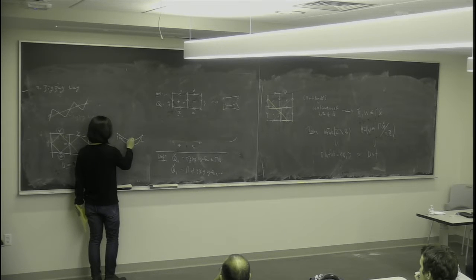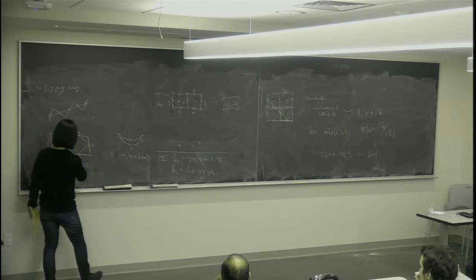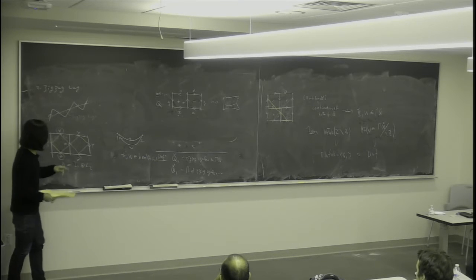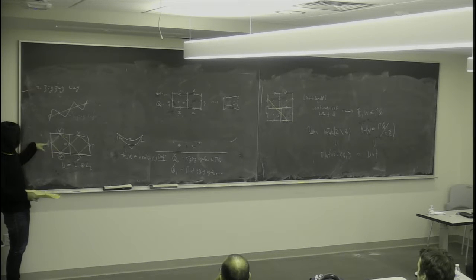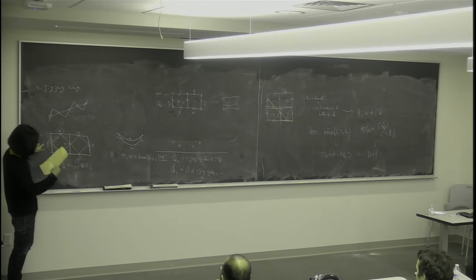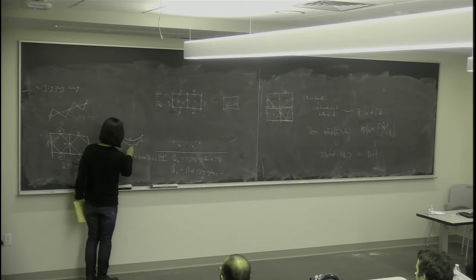Likewise, you have degree 1 intersection points from L1 to L2, which are x and y, and y and w.